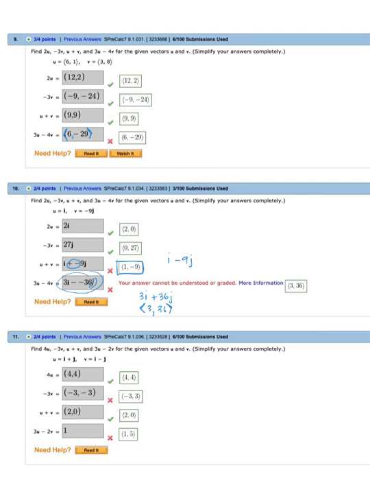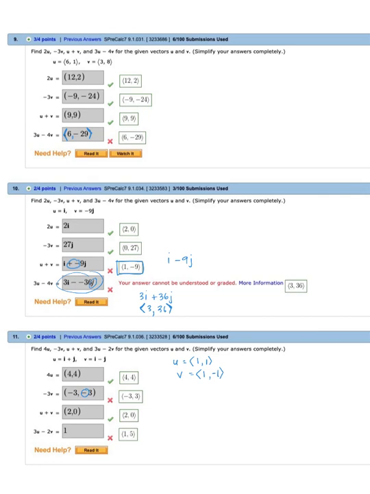Okay, let's see what happened here. This should have been positive, so let's see what happened. Usually I just rewrite these. Let's see, u is i plus j, so it's just each component is a 1. v is positive 1, negative 1.